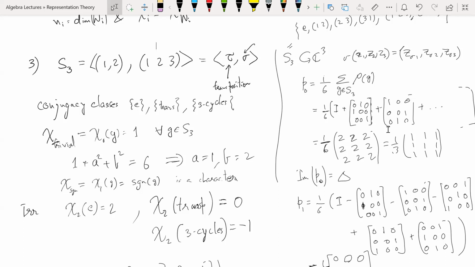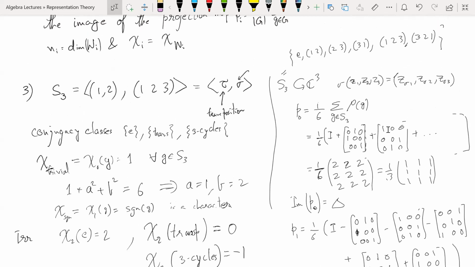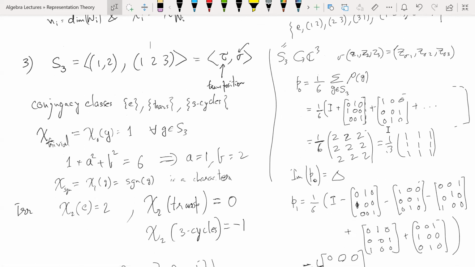And for identity, it has to be 2 because it's two-dimensional. So we know the character table for S3. The trivial representation and sign representation are easy to write down. It's just a one-dimensional vector space, and we just tell what the action is.